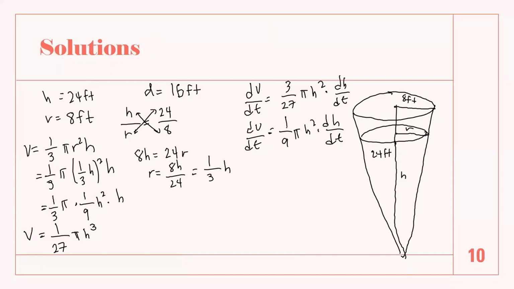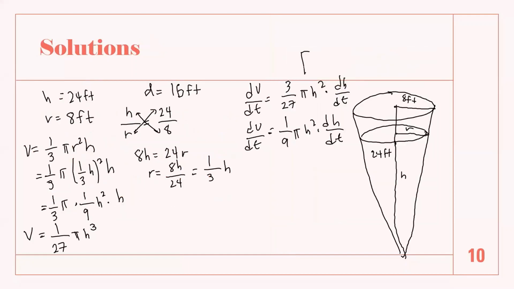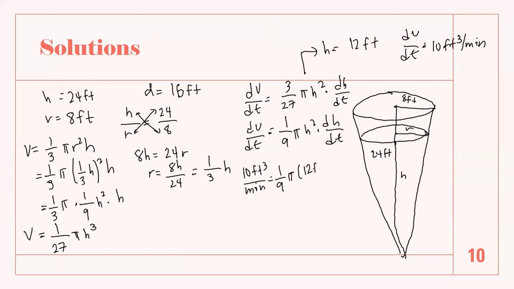Okay, so now we have what is given right now. So what is being asked, yung h na to is 12 feet. Tapos yung dV over dt is 10 feet cube over minute. Okay, so now magsa-substitute po na tayo. So 10 feet cube over minute equals 1 over 9 pi, then 12 feet squared, then dh over dt.